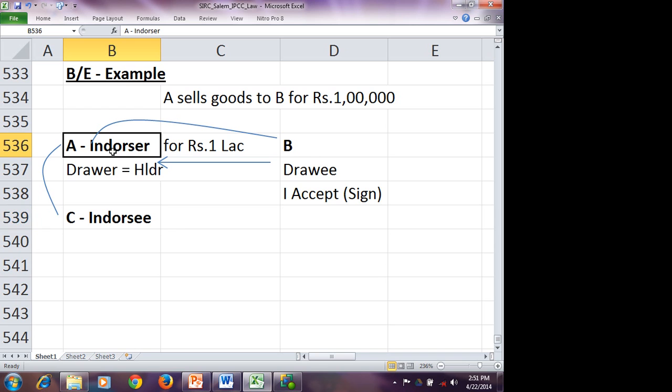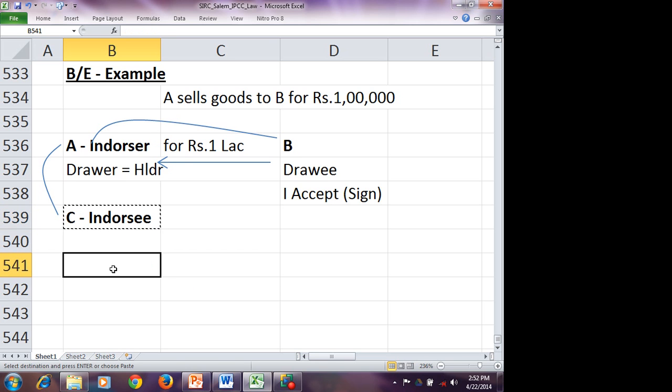In the given case, when A draws a bill on B in which B accepts to make the payment only to A itself, A is both the drawer and payee. So in a bill of exchange there could be three parties where the drawer and payee are two different persons. They could also be the same person, in which case there will be two parties to an instrument.